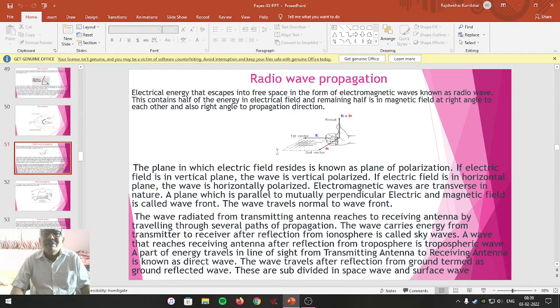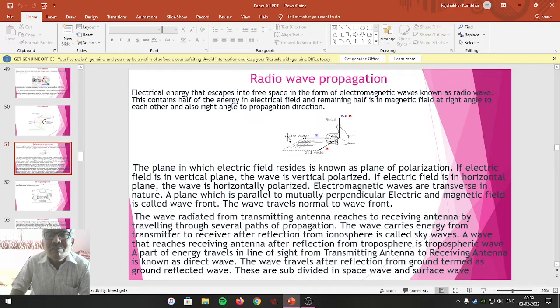This is represented by the right hand rule. So here, on the y-axis there is the direction of propagation of the radio wave. On the x-axis there is the electric field. On the z-axis there is the magnetic field intensity.